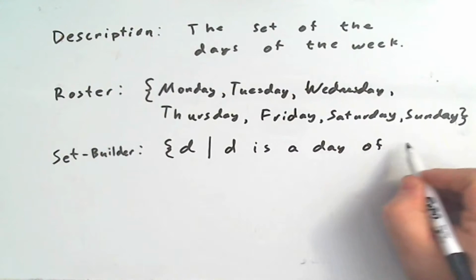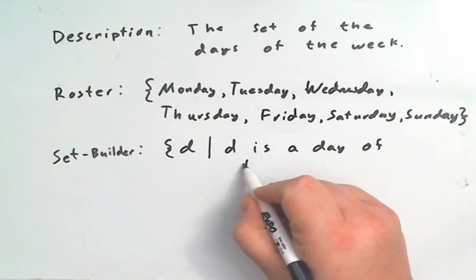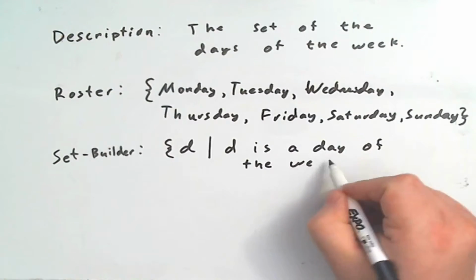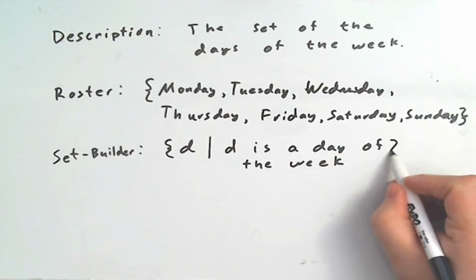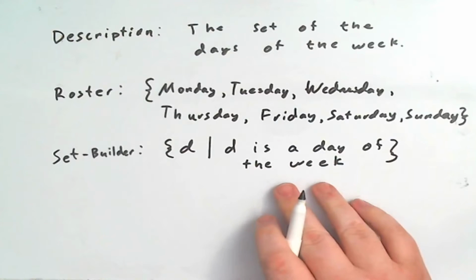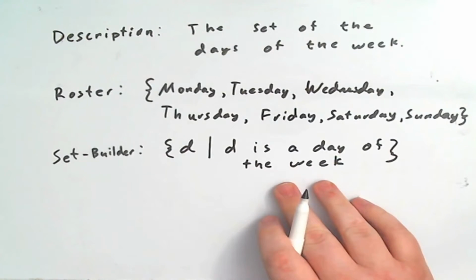Okay. So sometimes we can describe the condition for what it means to be included in the set verbally, or sometimes we might have something explicit like an inequality or some other type of description that can go in there.